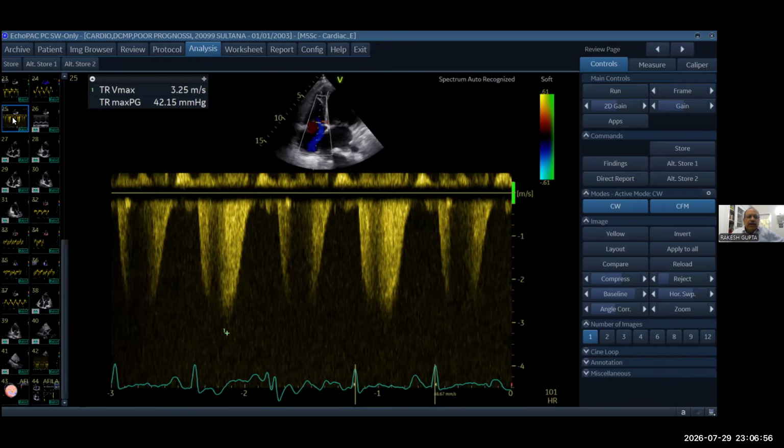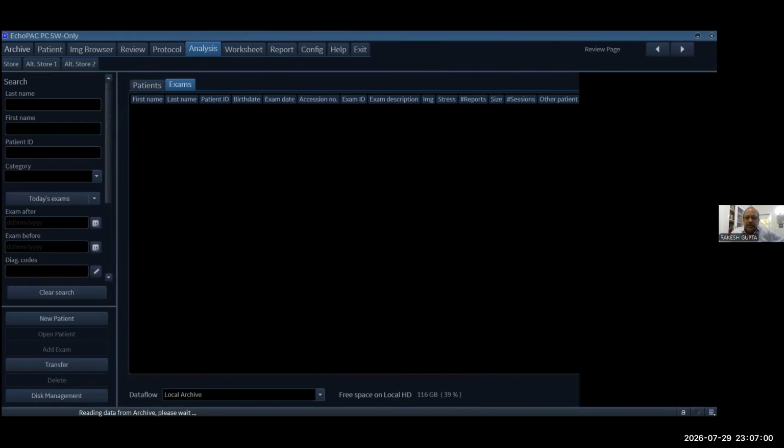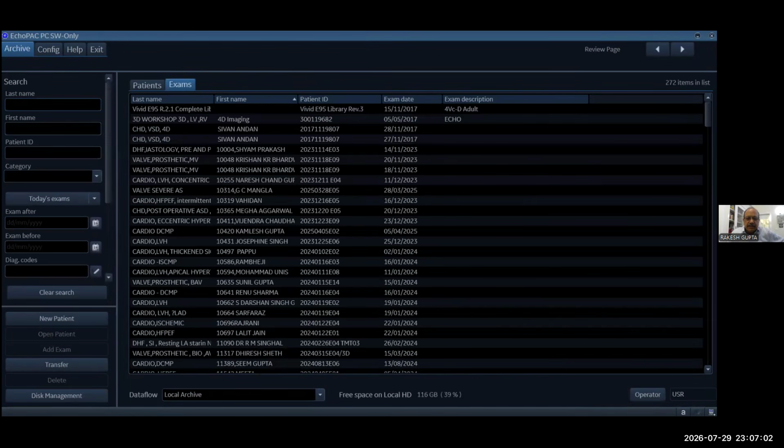Correct? So I have taken all my parameters. I'm going to get out of this, stop sharing, then go to my diastolic parameters. So I'll have to hunt for my diastolic.